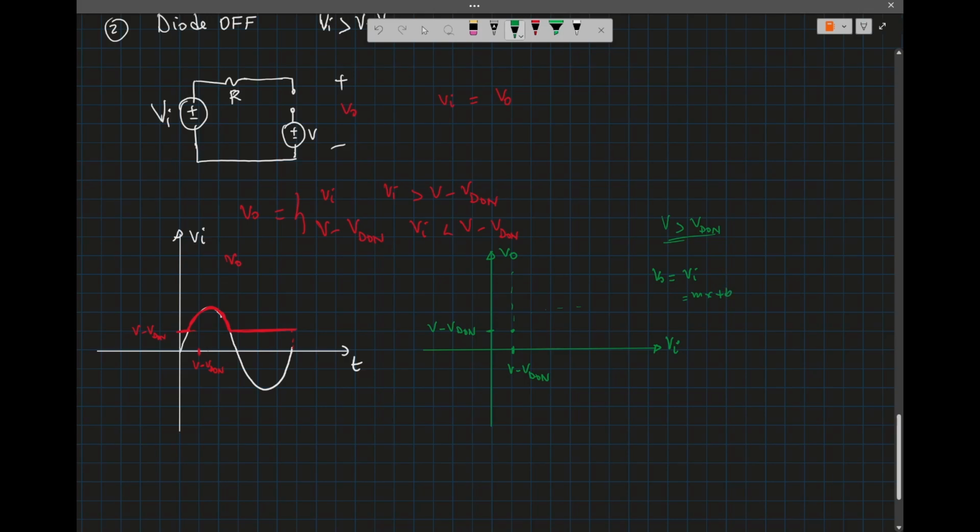The slope is 1 and the y-intercept will be 0.